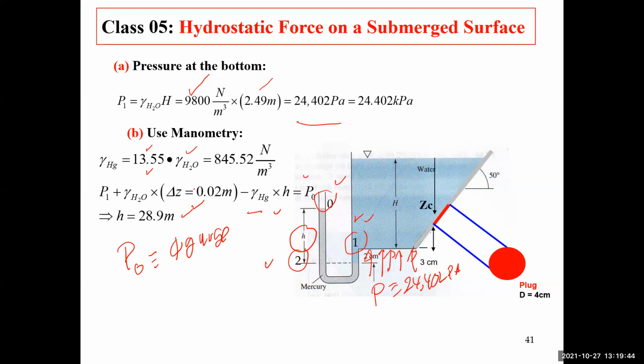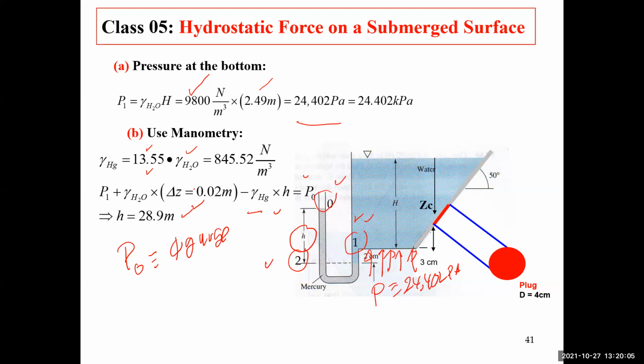So I have applied the law of hydrostatics to the gate, and I've transferred the pressure from the law of hydrostatics along the bottom of the tank. And I've used that value of pressure as the inlet pressure into my manometer at point 1.